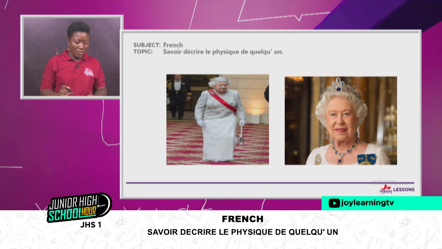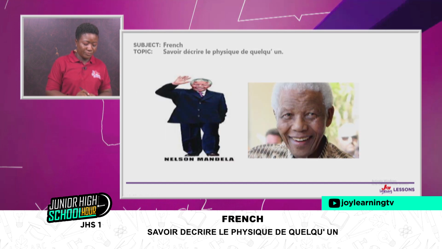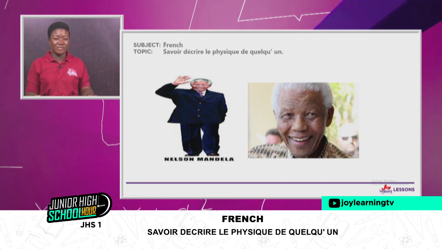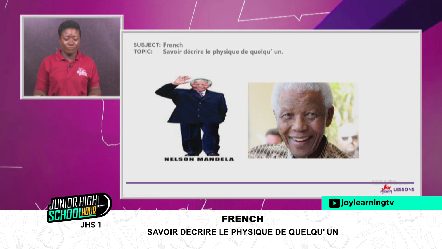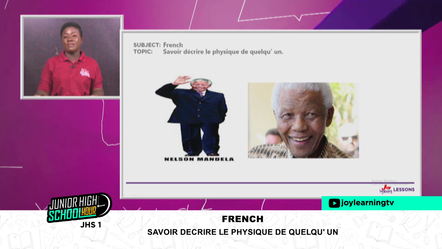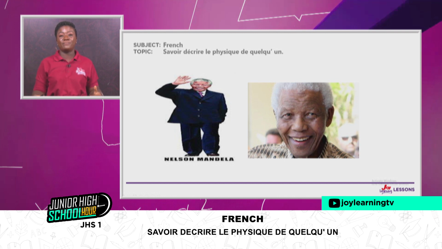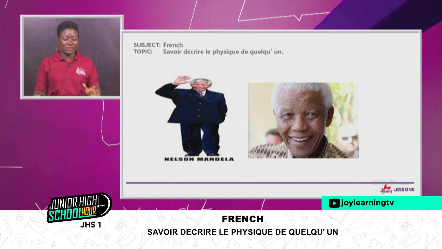Okay, now we'll go to our second image. Yes, we have another important personality on our screen. So describe this personality as well by describing the physical structure, the hair, and then the eyes.